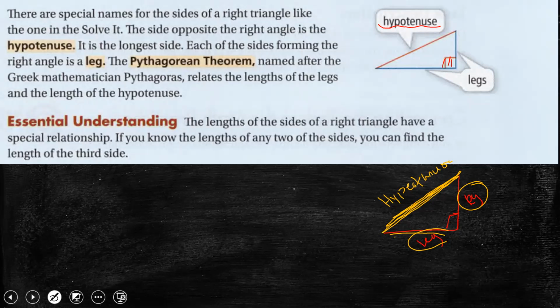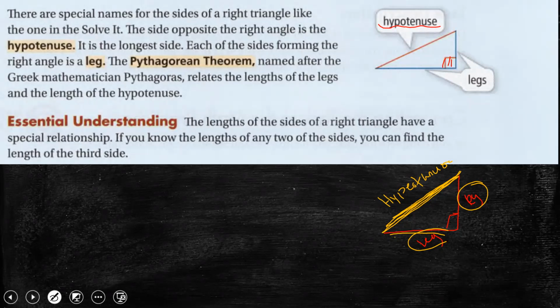If you know the length of the legs and you need to find the hypotenuse, you will go to the Pythagorean theorem. The Pythagorean theorem, named after the Greek mathematician Pythagoras, relates the length of the legs and the length of the hypotenuse.